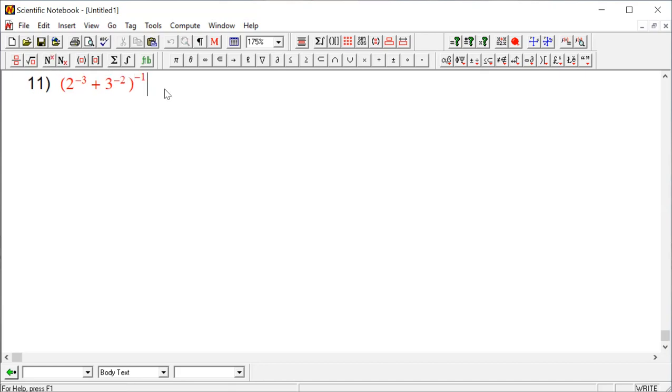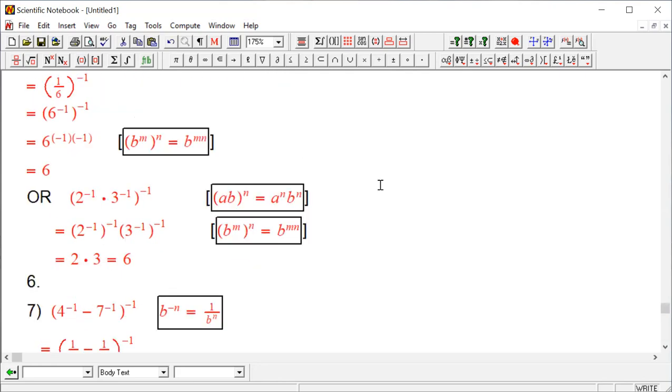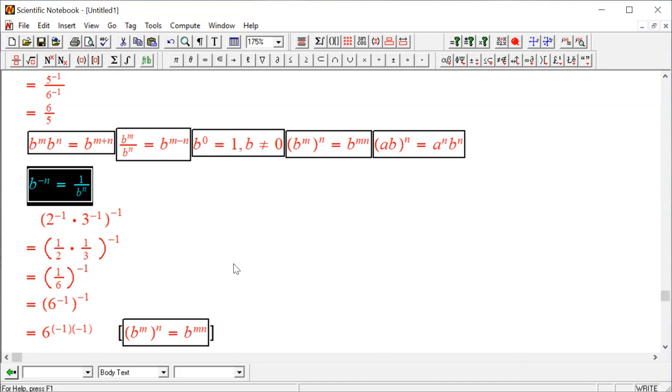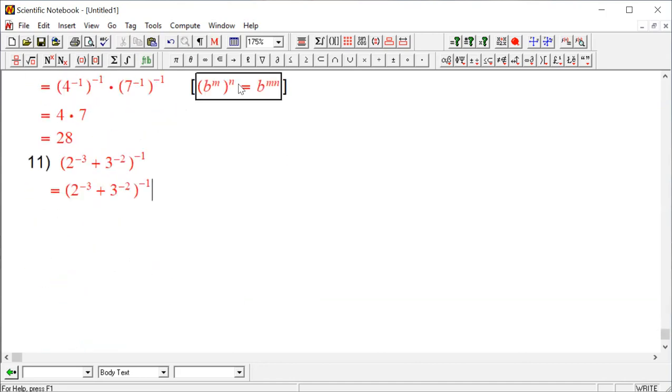And we know we cannot apply the -1 power inside. We have to wait, right? So we're gonna have to wait. 2 to the power of -3, according to the rule for negative exponents, is going to turn into 1 over 2 to the power of 3.